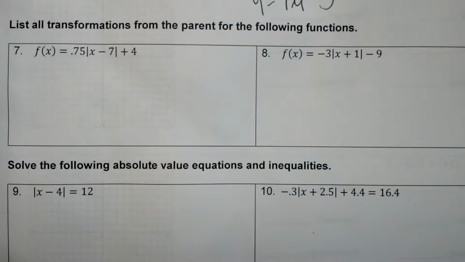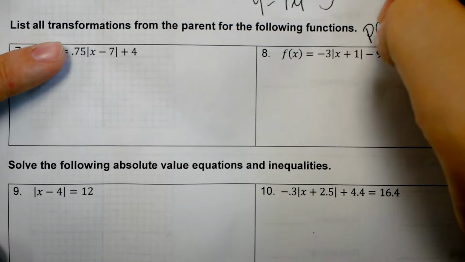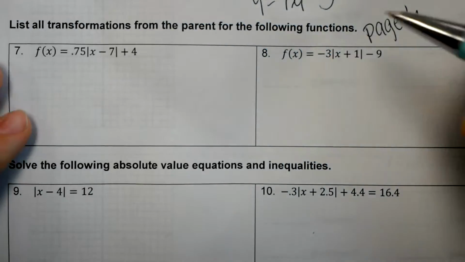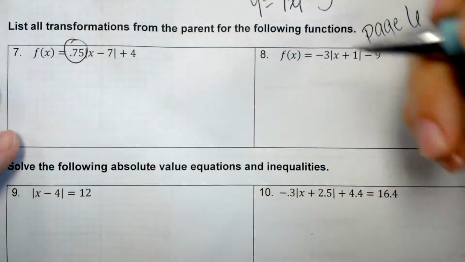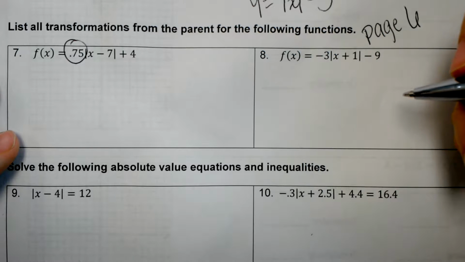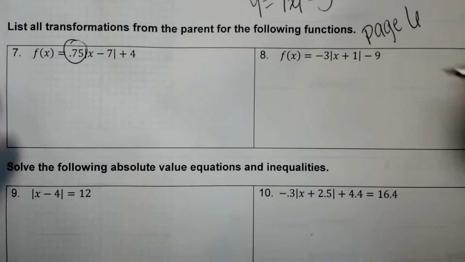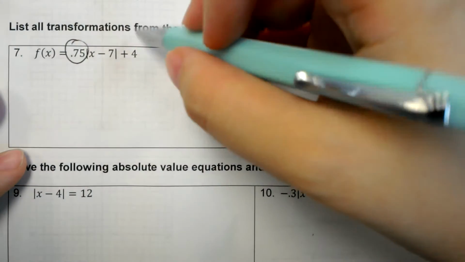So 7 and 8, I'm looking at my transformations. That's on page 6 in the notebook. And we did the 8 graphs, and we labeled what one transformation looked like at a time. So we have 7 transformations, including the parent function, so that's 8. So 0.75, that's less than 1. So I'm multiplying by a number less than 1. It's in between 0 and 1, so it's positive and it's less than 1.